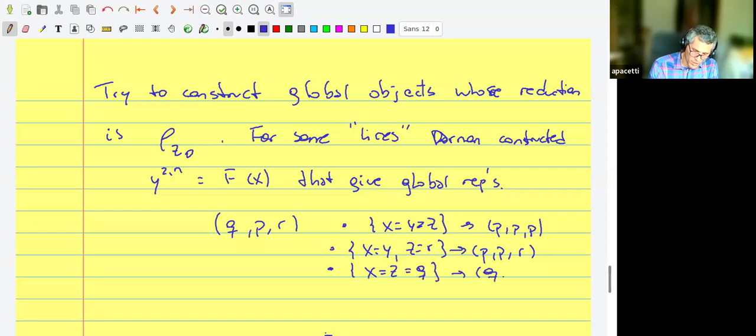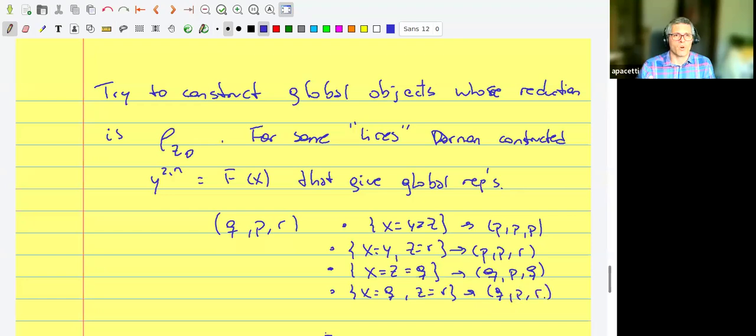So then you have (q, p, q), or you can just fix x to be q and z to be r, and then you have the family (q, p, r). So these are the four different lines that you can try to study with the modular method. It will only work for lines.